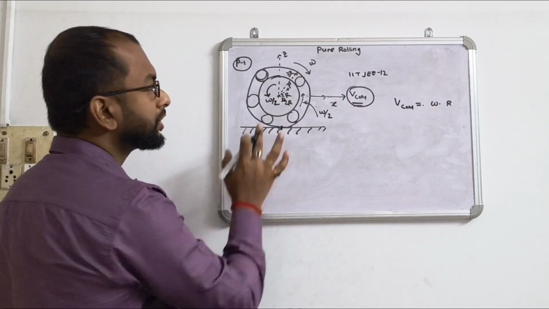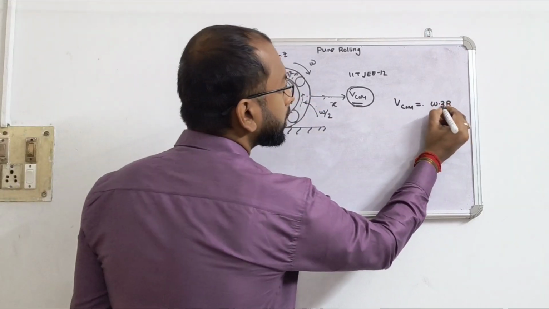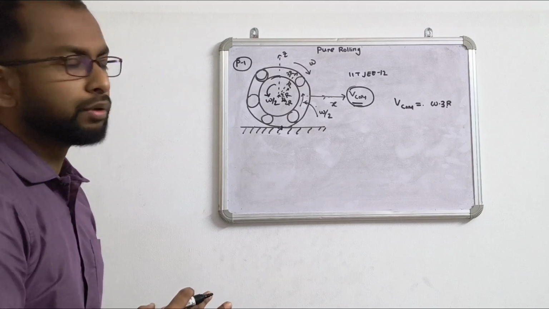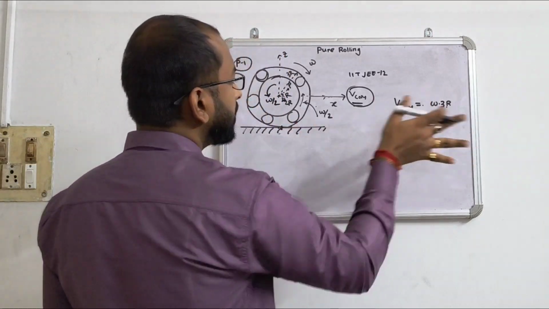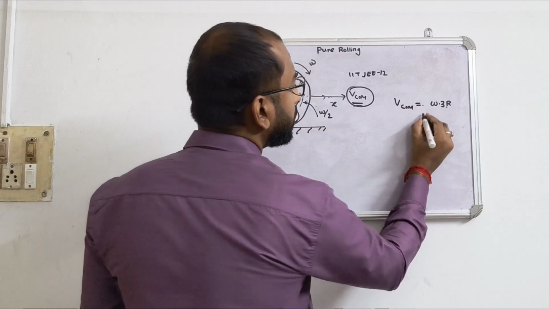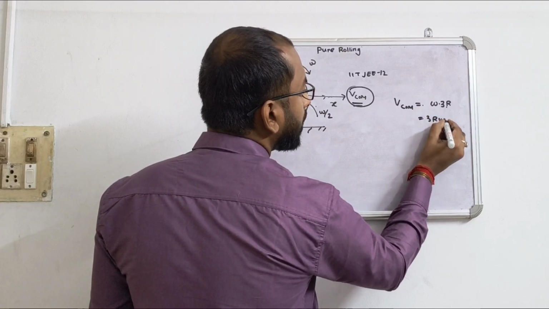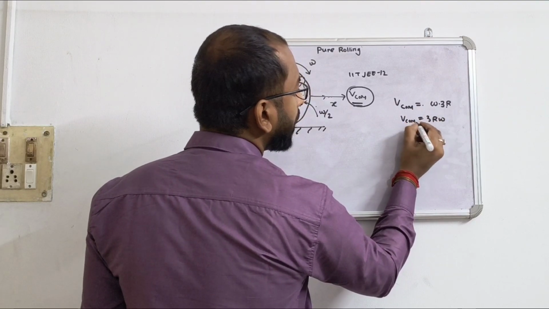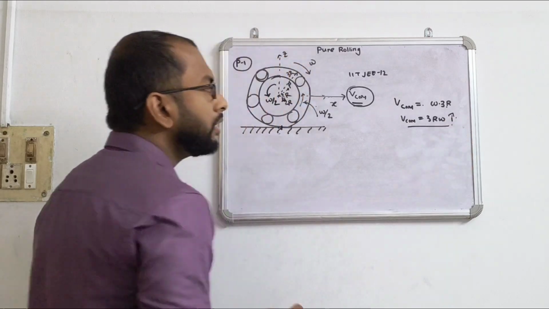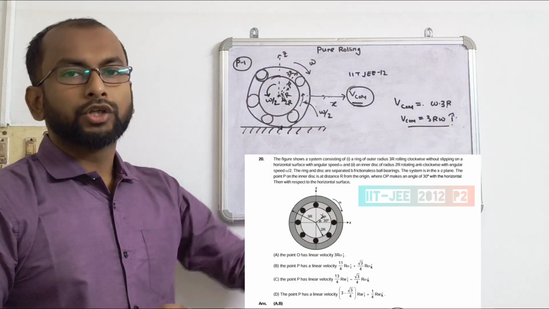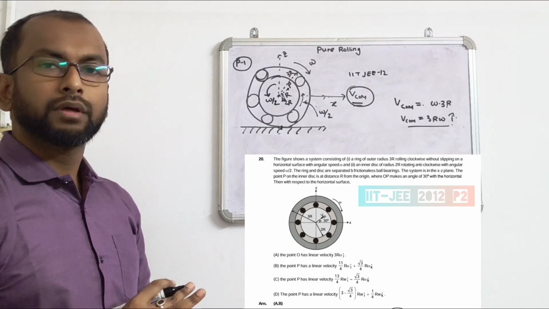So omega into 3r should be the velocity of the center of mass, in the direction of the x-axis. So VCOM is 3r omega i cap. That matches the first option, so option A is the correct one.